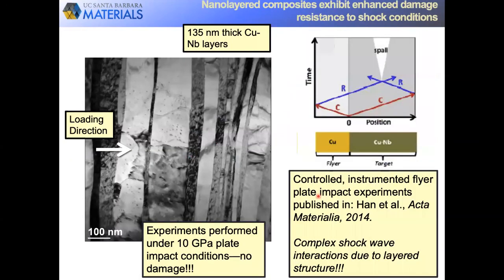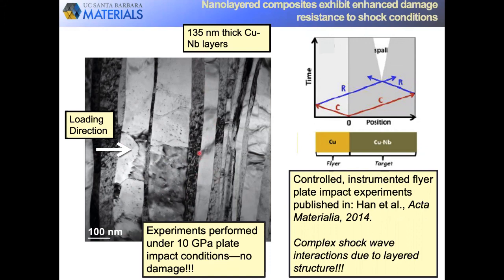So we did perform more controlled flyer plate tests, which are designed to study response under shock compression. At these velocities that would normally cause highly defective copper or highly defective niobium, we find that despite this exposure to shock, the interfaces all remained intact.